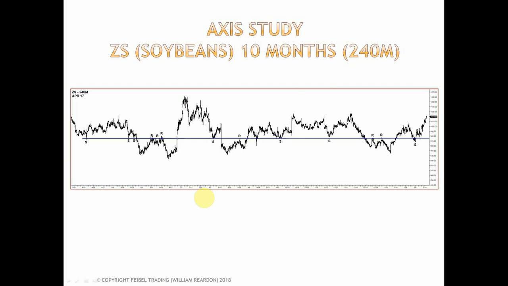I can't remember. This is a lovely study of what an axis line is. They are very important lines or areas on a chart because they provide excellent opportunities. They are more effective than support and resistance. Why? Because much trading evolves around this.